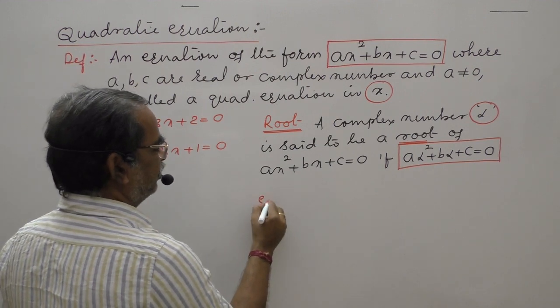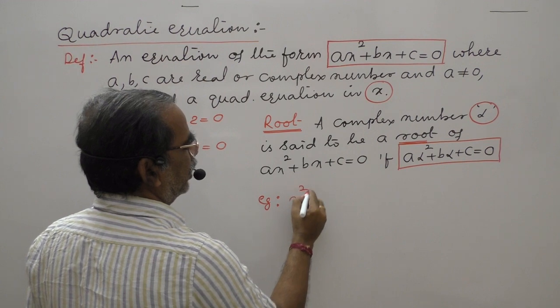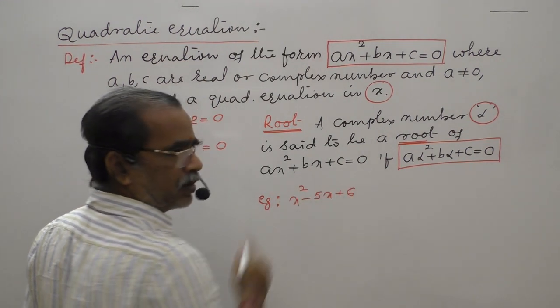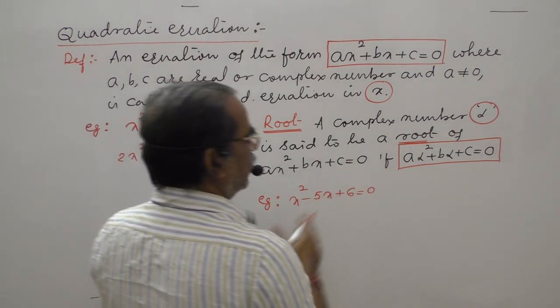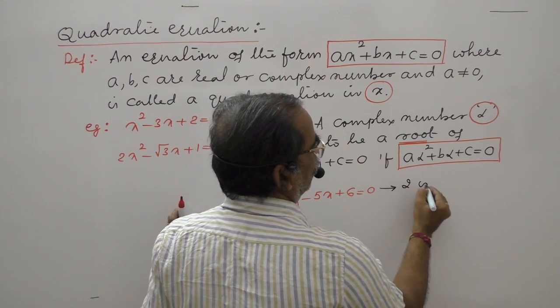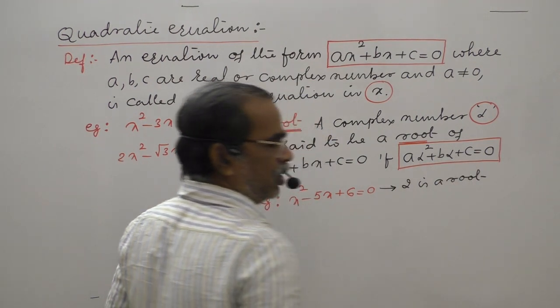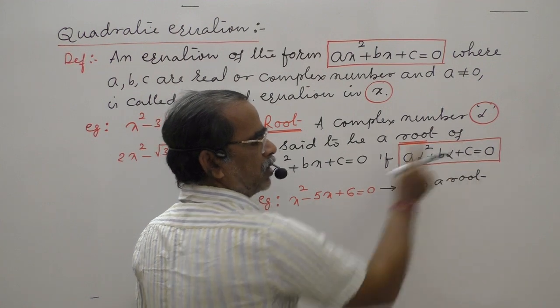See now. For example, if I take an equation x square minus 5x plus 6 is equal to 0. For this equation, 2 is a root, because if you put alpha here, this should be satisfied.